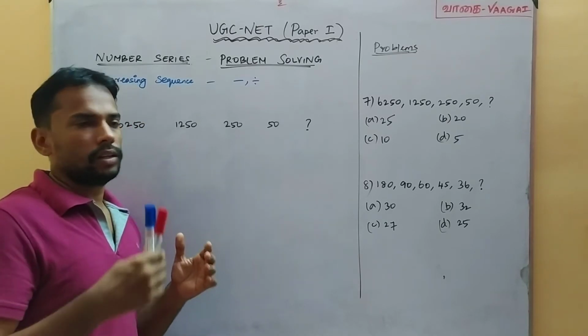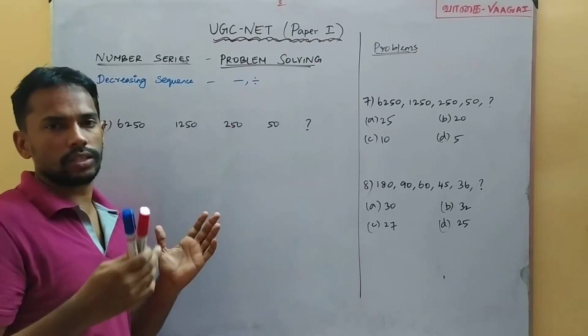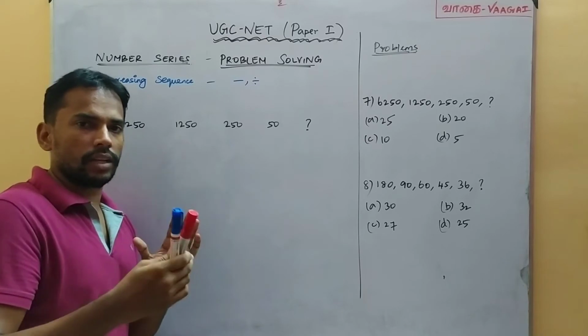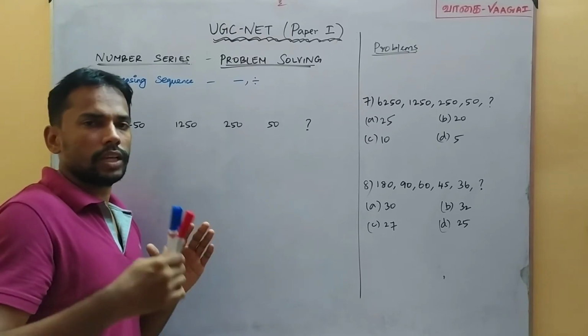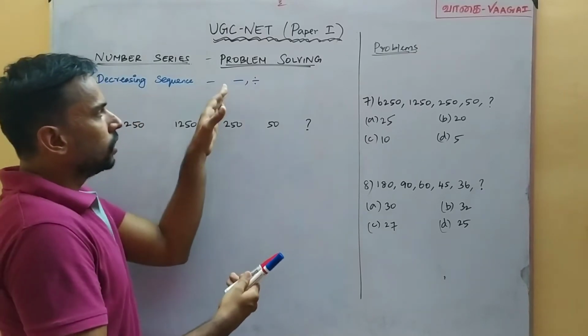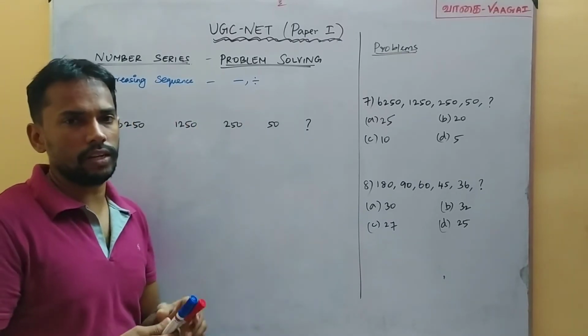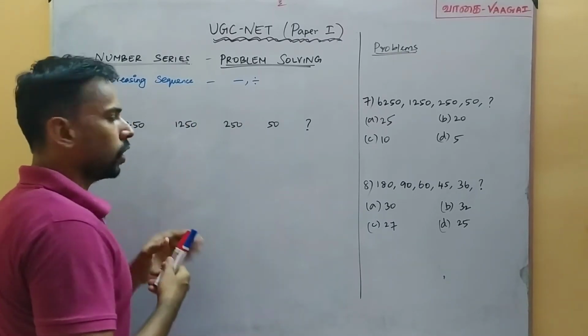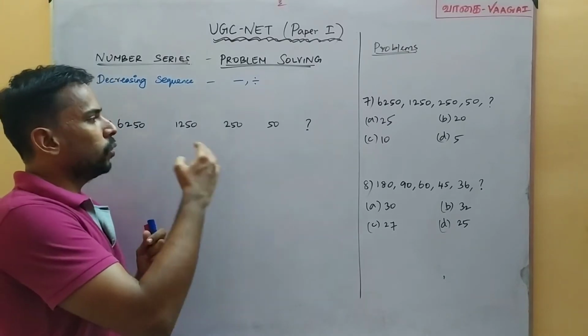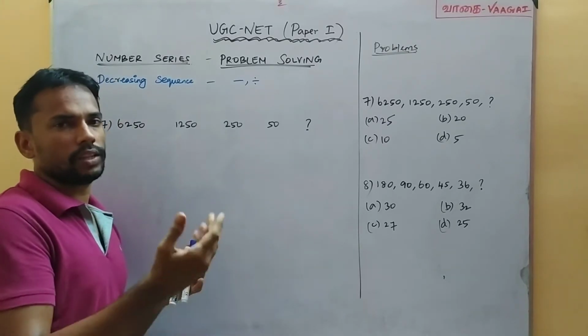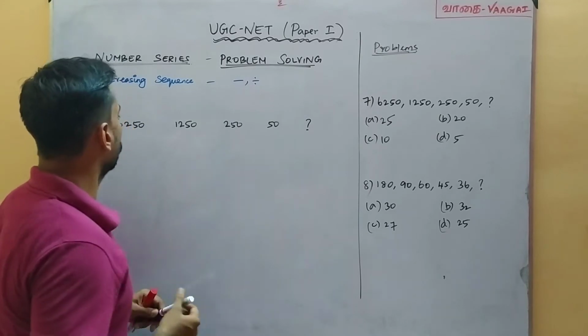If the changes happening in our sequence seem to be drastic, then instead of wasting time with subtraction, we can directly try with division. So that is what we are going to do now. Let us try division and see whether we are able to form any pattern.